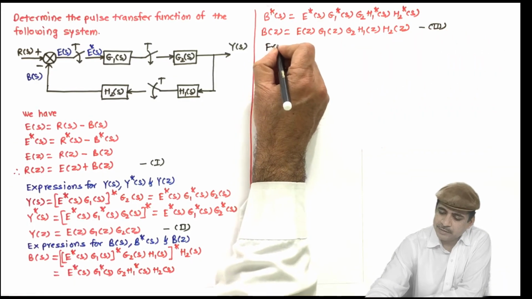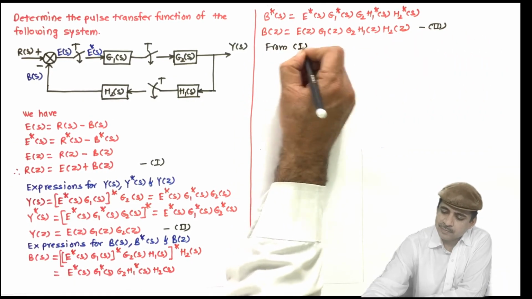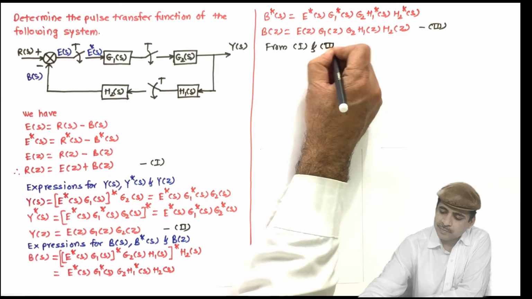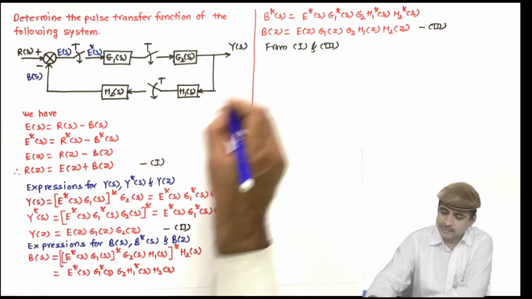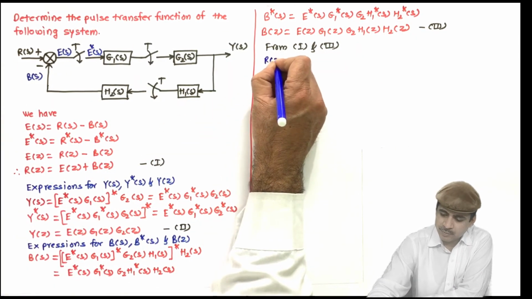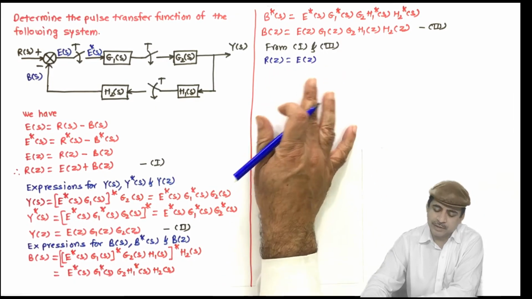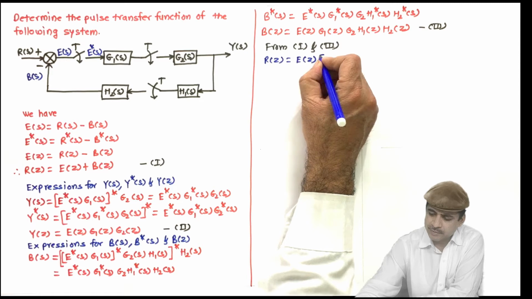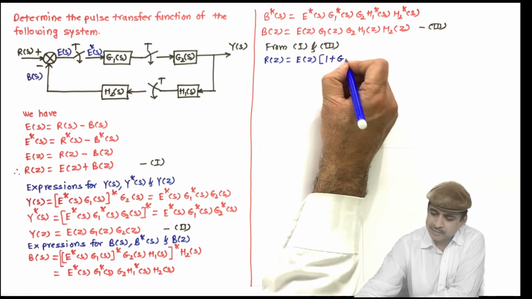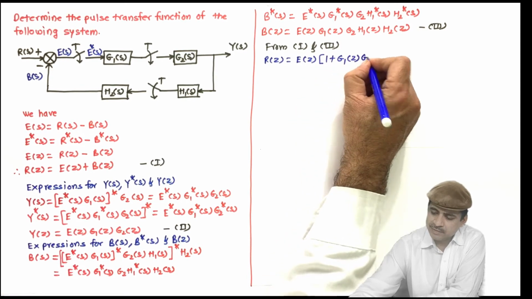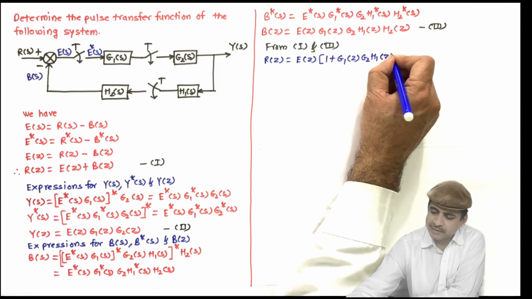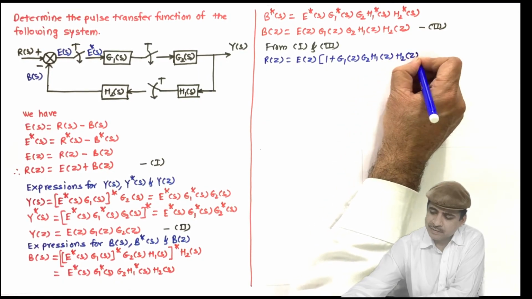So from 1 and 3, what do we get? R(z) is equal to E(z) plus B(z). I will take E(z) common, and then 1 plus G1(z) G2H1(z) H2(z).